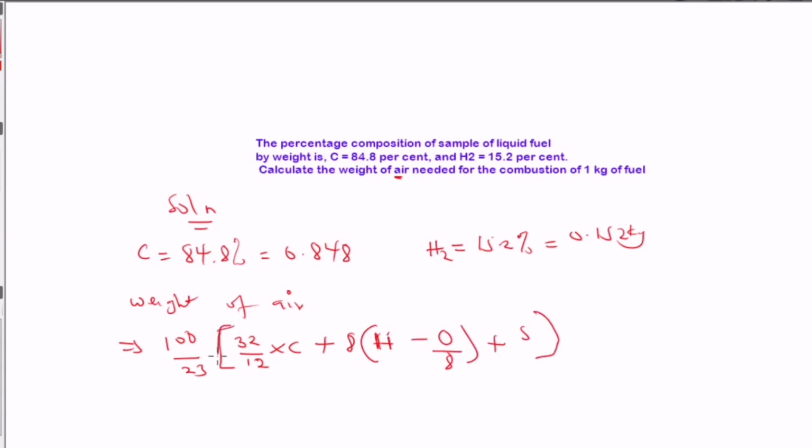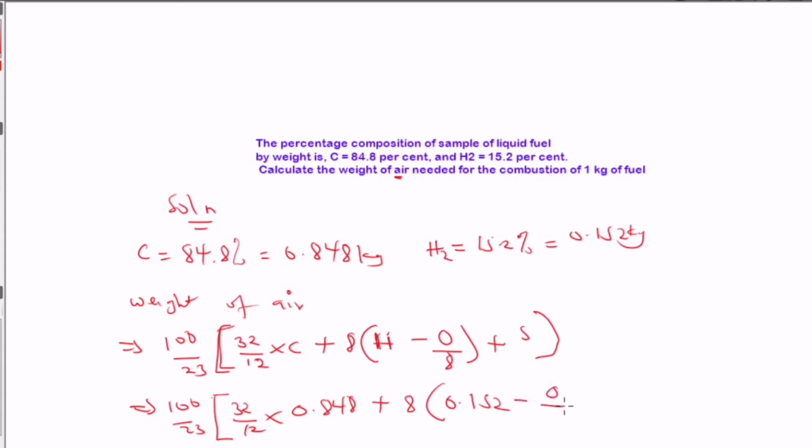So in this case, let's do the substitution. 100 over 23, and then bracket open 32 over 12 times, this is in kilogram, 0.848 plus 8 bracket open 0.152 minus oxygen is 0 over 8, then plus sulfur is 0, then you close the bracket.